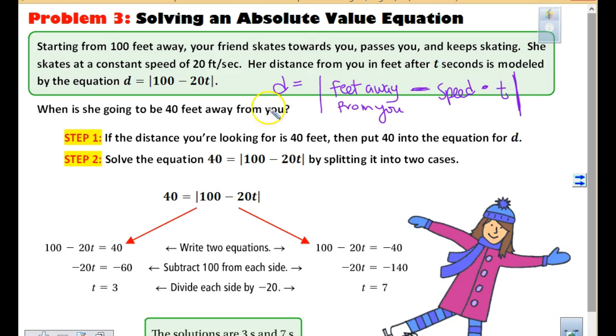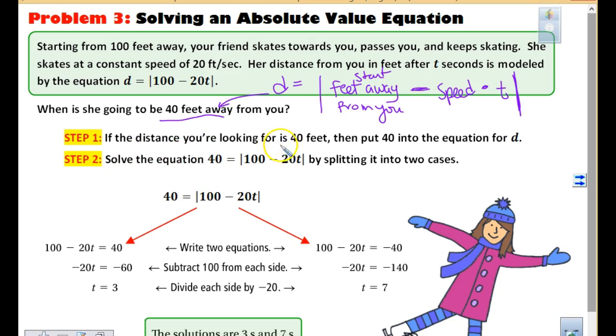This d is going to be the distance. If we were looking at this one, we want to know when the person is going to be 40 feet away. This is where they start, how far away they start. This is the actual distance, like the 40.